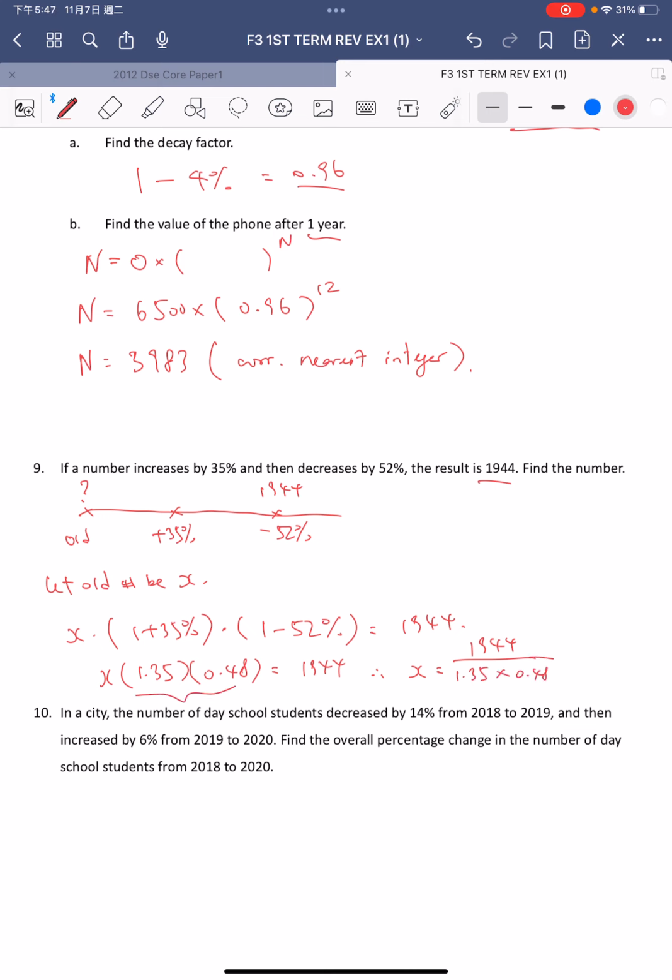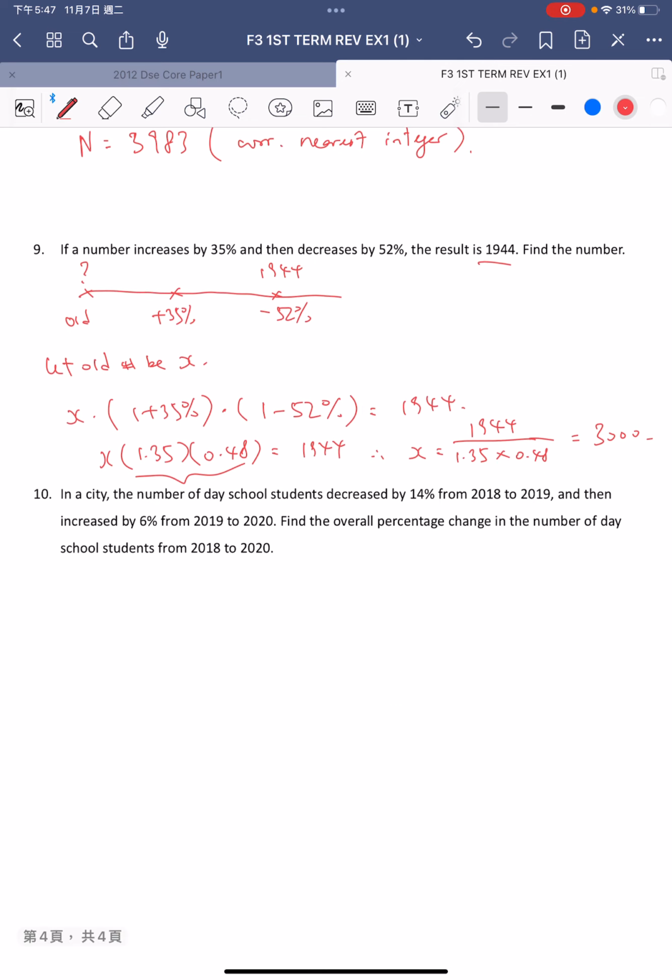We move the whole thing to the left-hand side. Remember that we need to calculate the denominator first, and then we do the division. So we use 1944 divided by the bracket 1.35 times 0.48 of the bracket. So the answer is very pretty, it is 3,000.